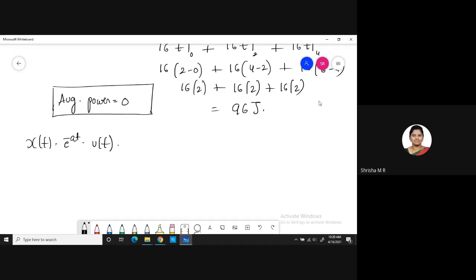Try this where a is greater than 0. How will the signal look?